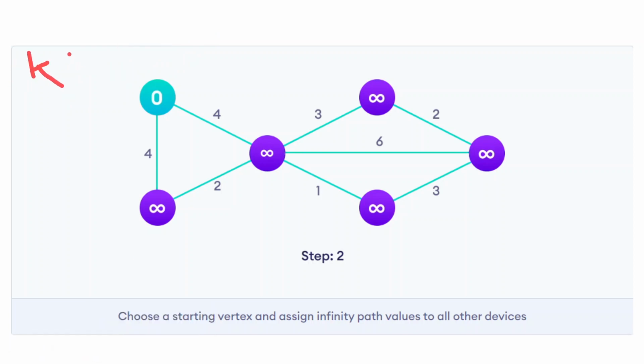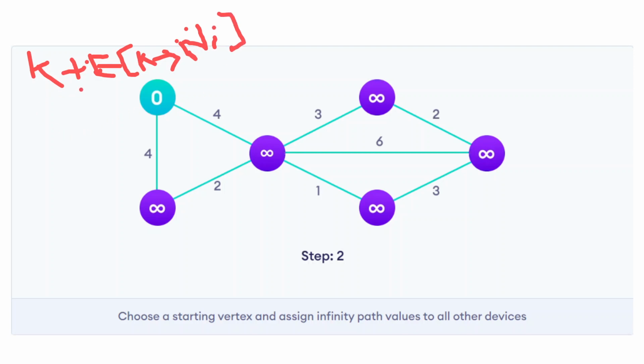Let's say the current node is K plus the edge weight, the edge between the current node and its neighbor. There can be n neighbors, so I'm going to put N of i.